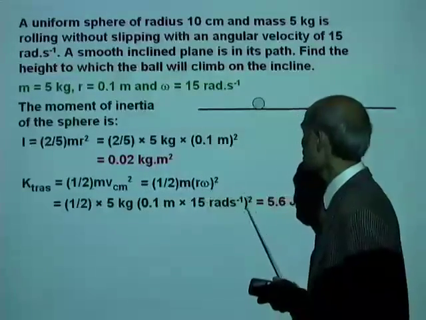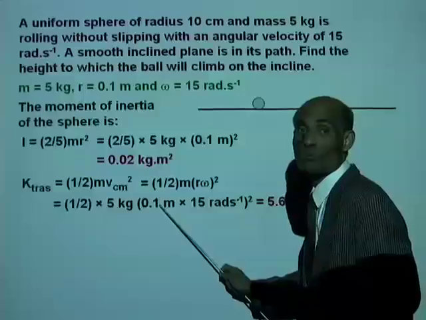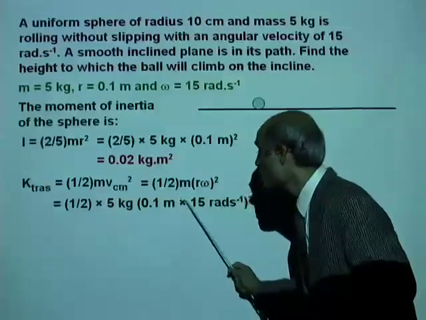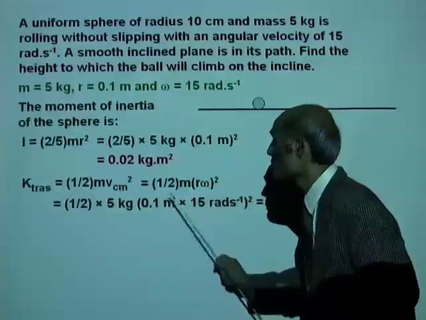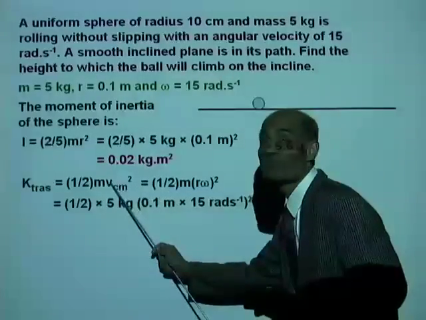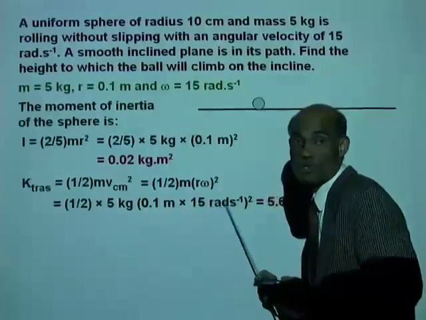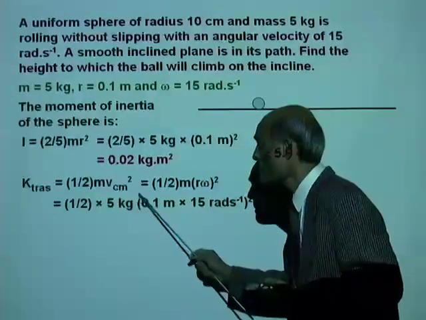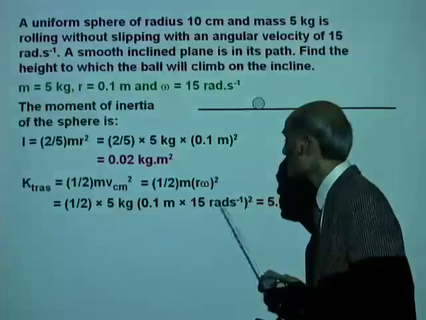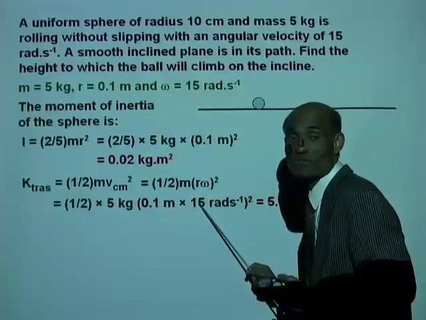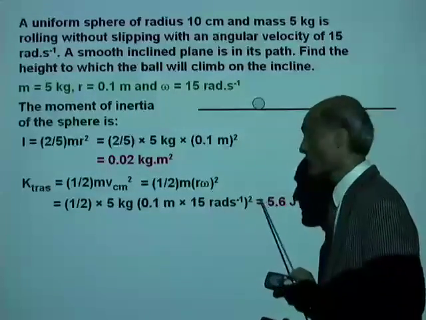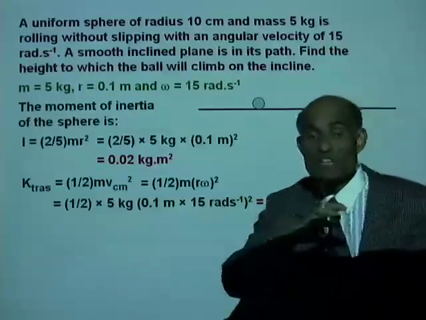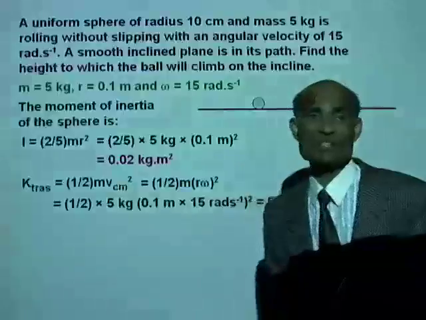So this quantity is the angular velocity, and this quantity, 0.1 times the angular velocity, is the radius multiplied by the angular velocity, and that is your v center of mass, and so we square it. Okay, so 1/2 times 5 kilogram times the quantity 0.1 times 15, and then square it, and that gives you 5.6 joules is the kinetic energy of translation.